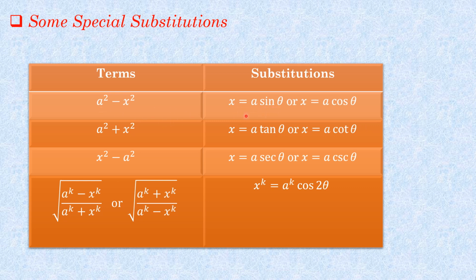Because if we take x is equal to a sin theta, then in place of x square the term will be a square sin square theta. Then the total term is a square minus a square sin square theta. Then a square can be taken common, so the term remaining inside the bracket will be 1 minus sin square theta, and 1 minus sin square theta converts to cos square theta.